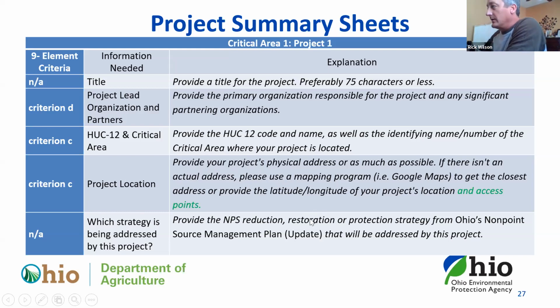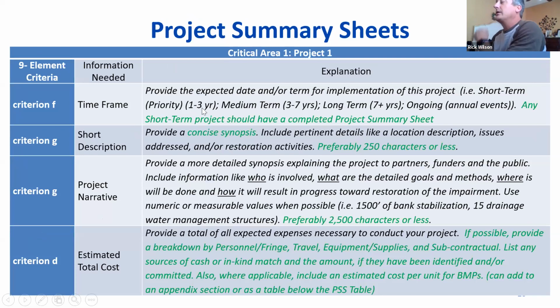Which strategy is being addressed? Is it non-point source reduction, restoration, urban, all those items from the earlier one. Time frame. Project summary sheets, I'm going to say this straight out: I don't think you need one unless you have a short-term project. Medium-term and long-term projects, you probably don't know enough about to even fill out this sheet.